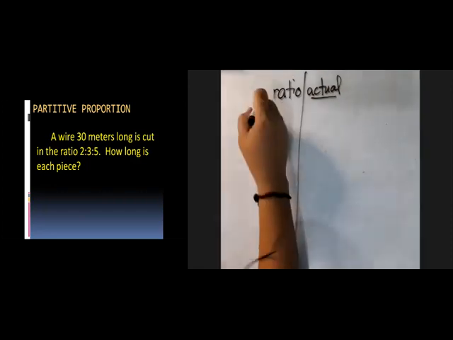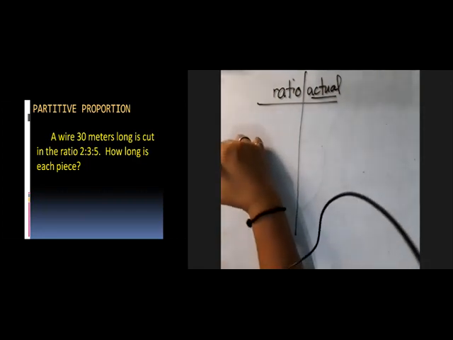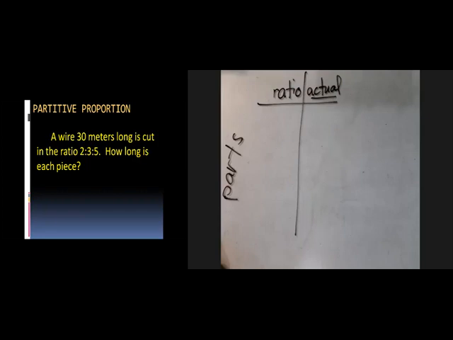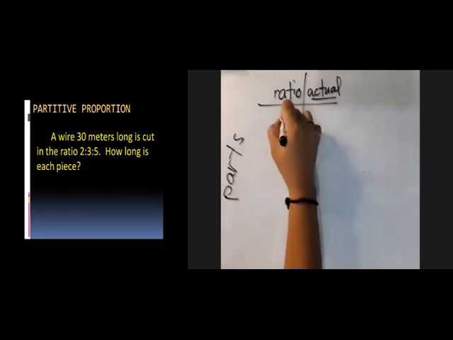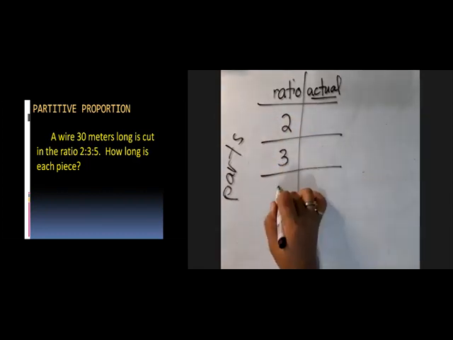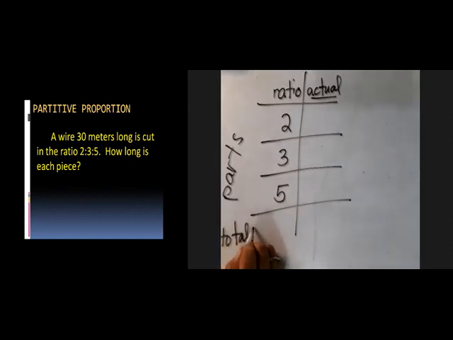And then, let's have the parts, or how many yung terms natin. So, we have 2:3:5. So, we have 2, 3, and then 5. And below that will be total. Yan, ganyan ang gagawin natin.